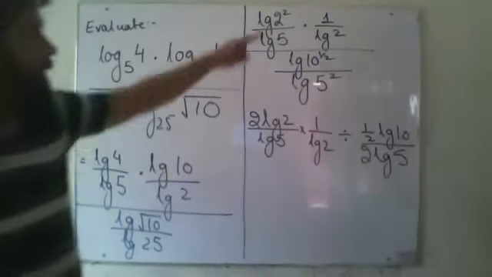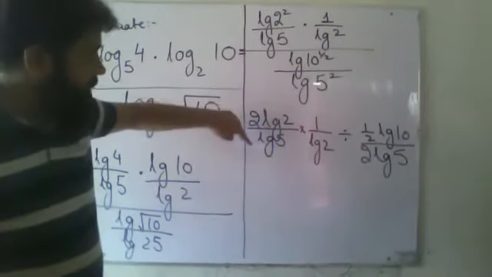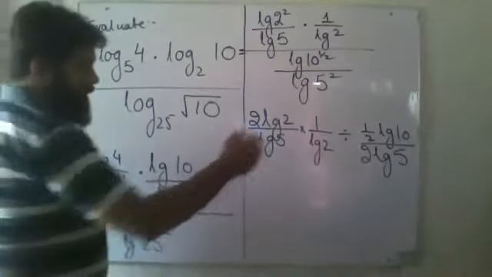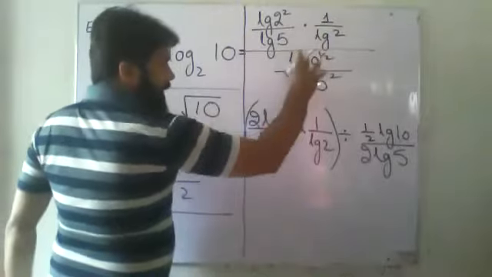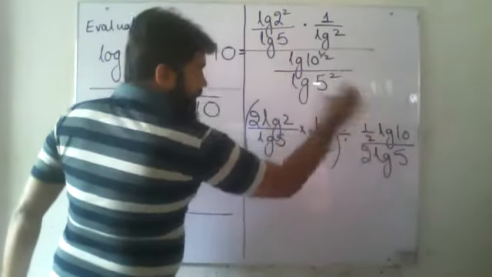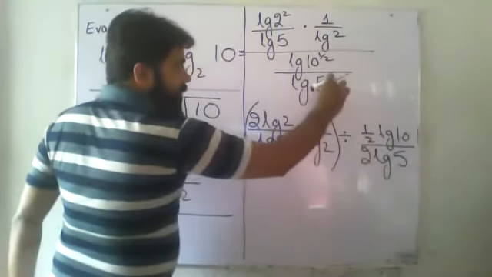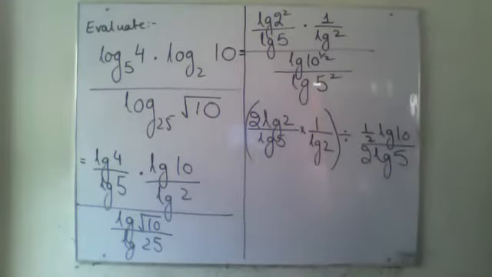So what I have done, this was power 2, I have written before log. This I have written as it is. This whole thing I have written as it is, and this whole thing is divided by this. Power half is there, and power half is written before log. Square was there, and square was written before log.